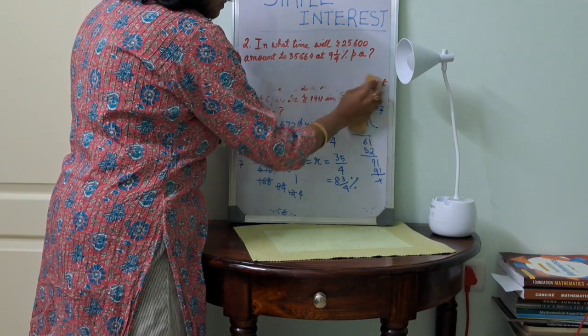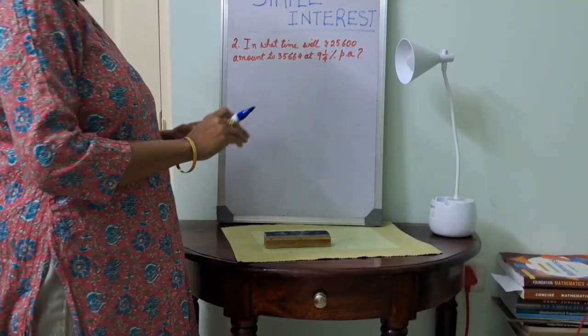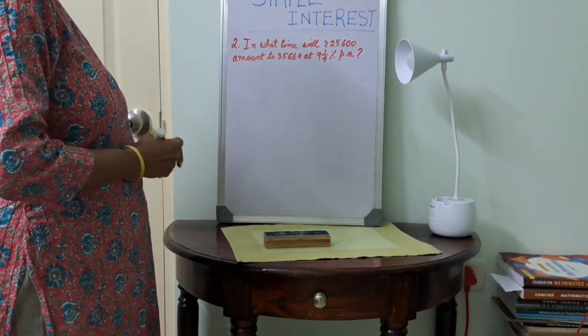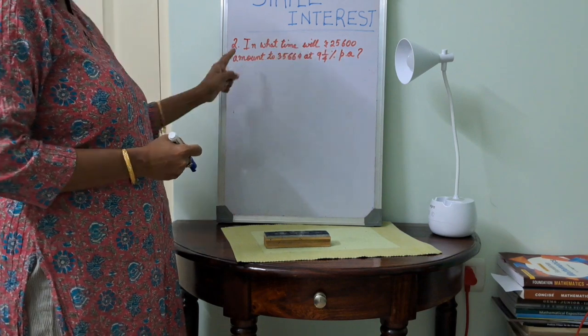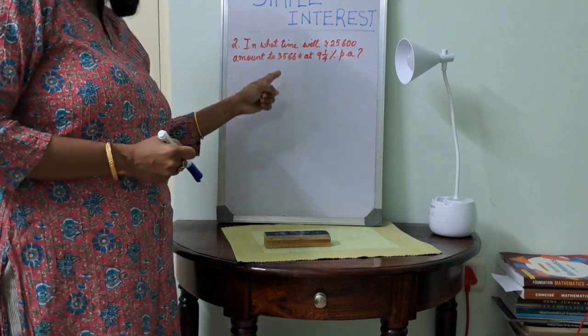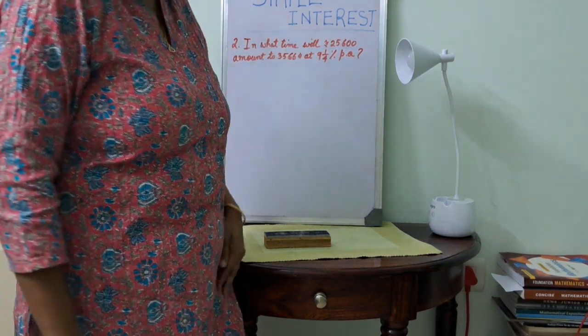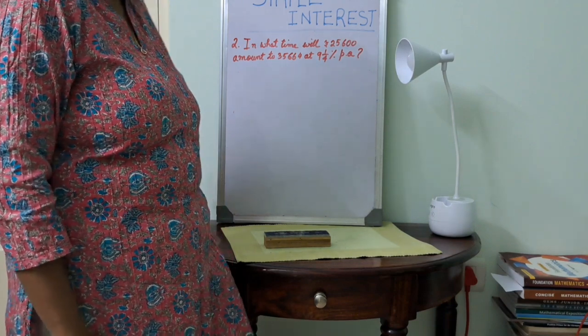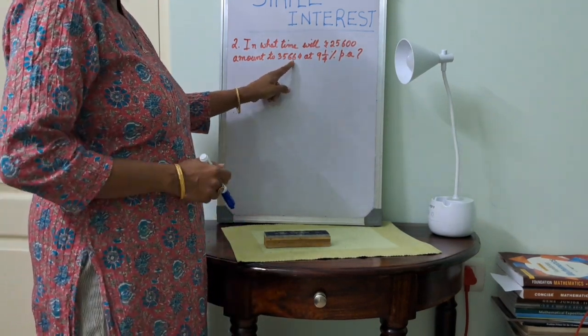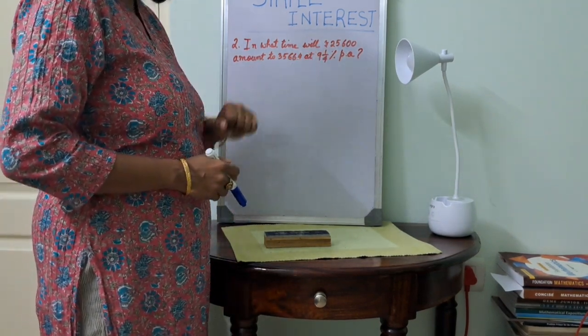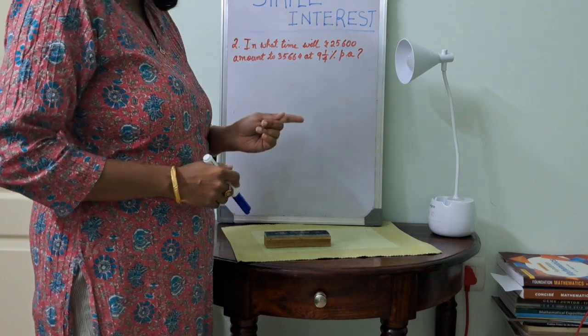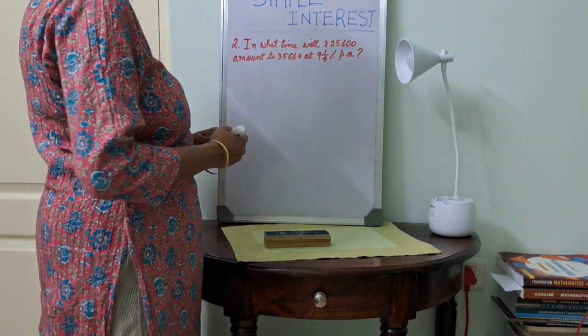So the next sum is: In what time will 25600 amount to 35664? Amount to, that means this is the amount, this is the principal. So we can find the interest here, right?